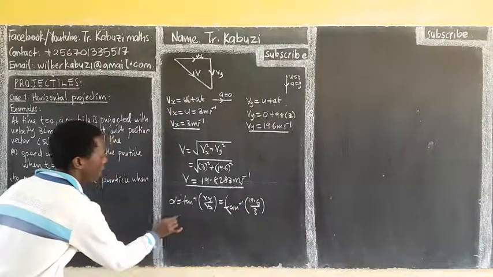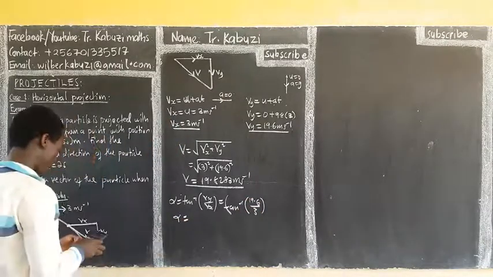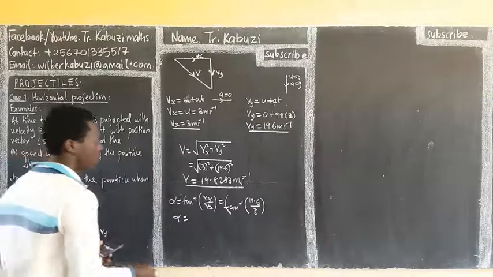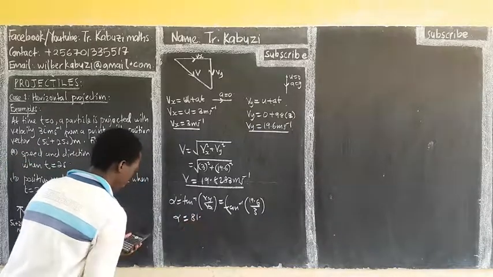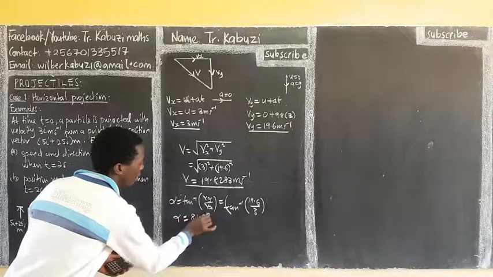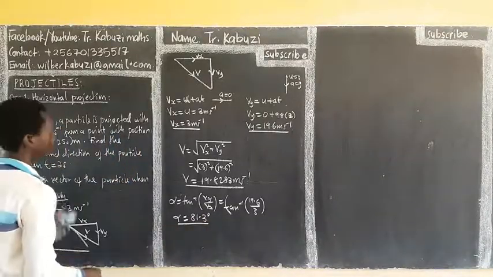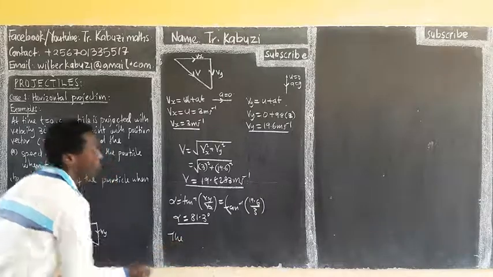Okay, so now our alpha is going to be 81.3 degrees.